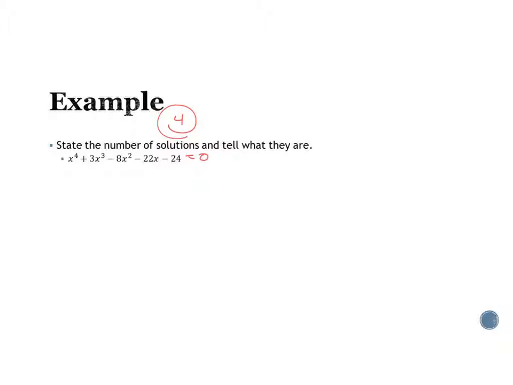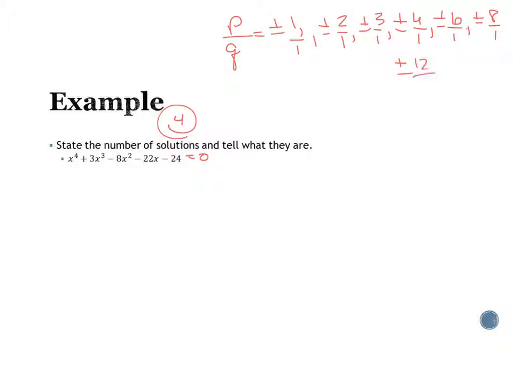And q is going to be 1 because we have a leading coefficient of 1. But for p, I need all of my factors of 24. So p over q, so plus or minus 1 over 1. And 2 goes into 24, and 3, and 4, and 6, and 8, and 12, and 24.